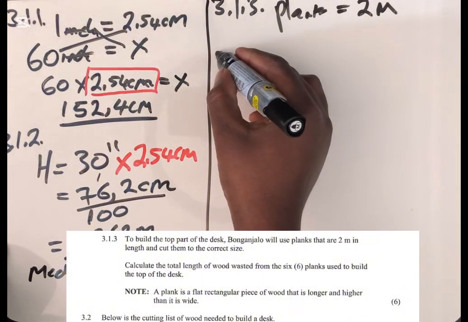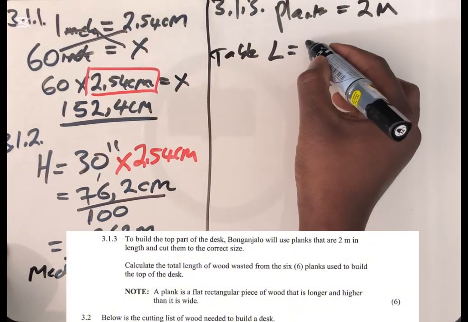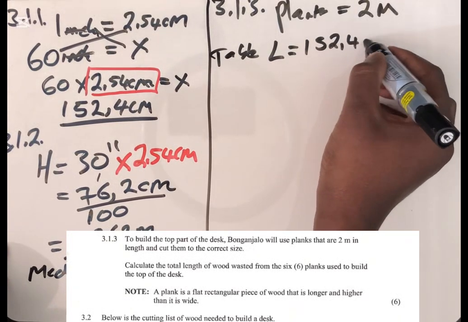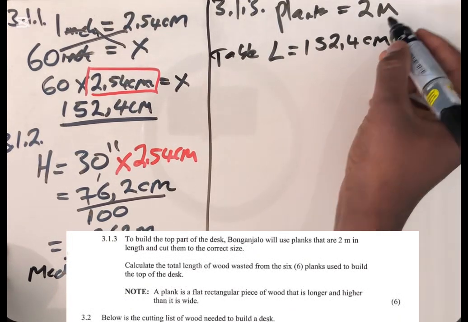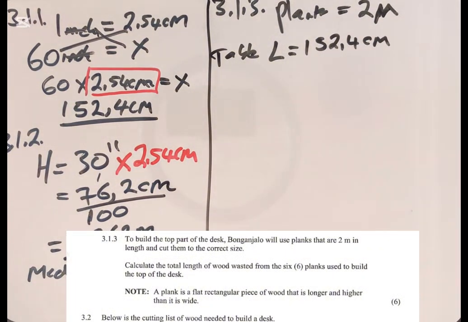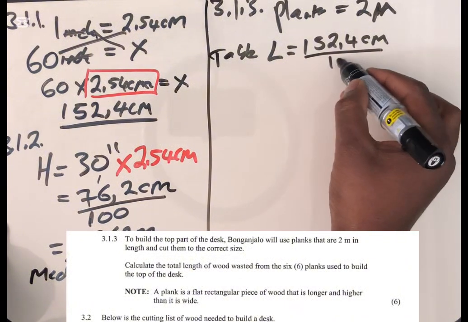And then the table length is 152.4 centimeters. Units are not the same. We're having meters and centimeters. Let's convert everything to the same units. For us to convert centimeters to meters, we just divide by 100.